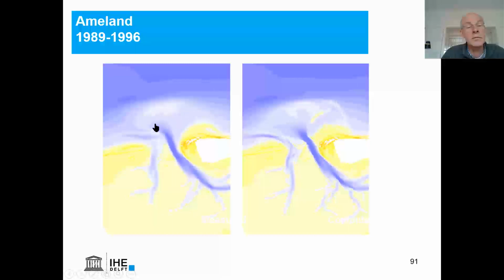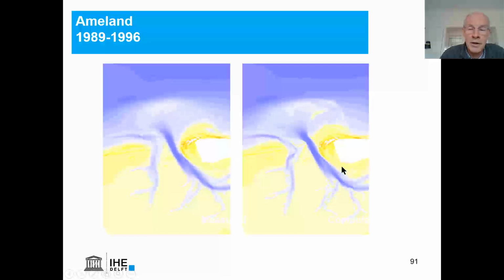You see this shoal moving eastward and this channel moving a bit westward, expanding westward. And if you're very kind, then you can see similar things happening here. You see this shoal moving eastward and you see this channel extending a bit. You see also these changes in the channel patterns here.